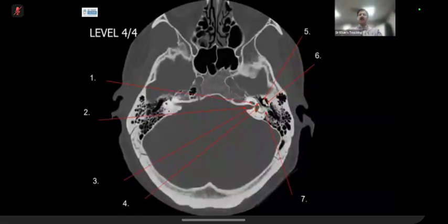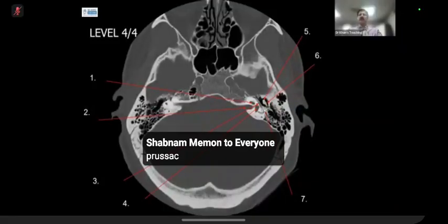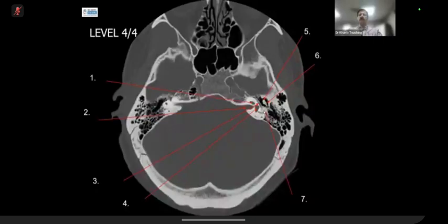And number six is this black space, the air, the space between this incus and the bone. And number seven is this structure, which is projecting here.